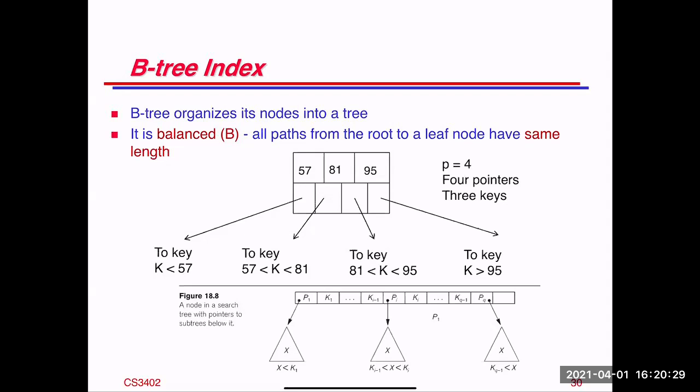In this case, we're setting p equal to 4, and when we talk about these trees, p is the order of the tree because it tells us how many pointers we have, right? And usually we only look at the number of pointers that you have in a single block, but we'll come back to that.